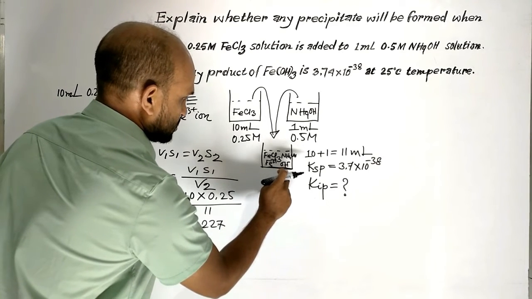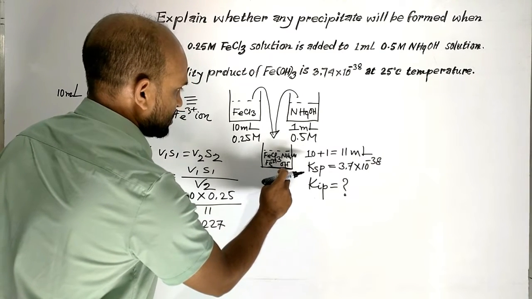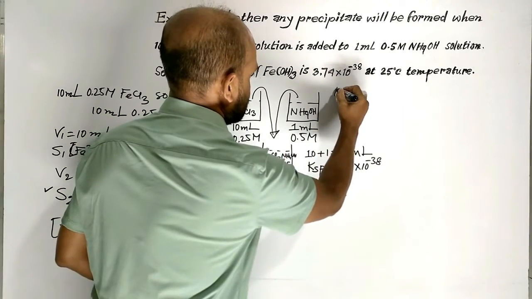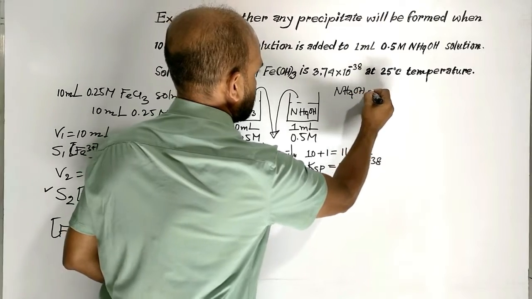Now let us try to find the concentration of hydroxide ion in the mixture. Before mixing, let us see about ammonium hydroxide.